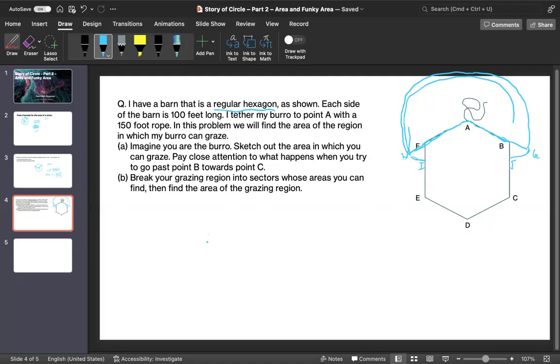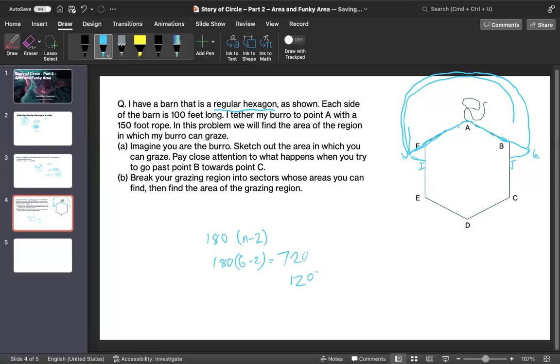It's 180 times n, where n is the number of sides, minus 2. In this case, this would be 180 times 6 minus 2, which will give us 720. So one angle would be 120 degrees.